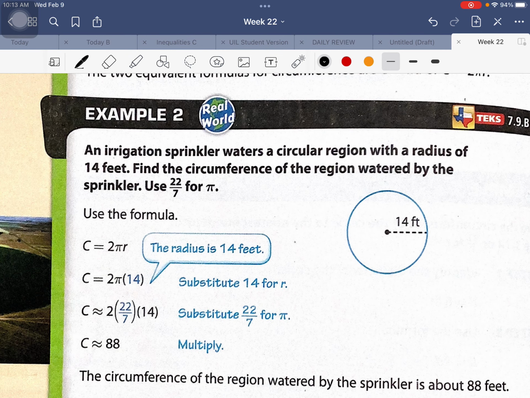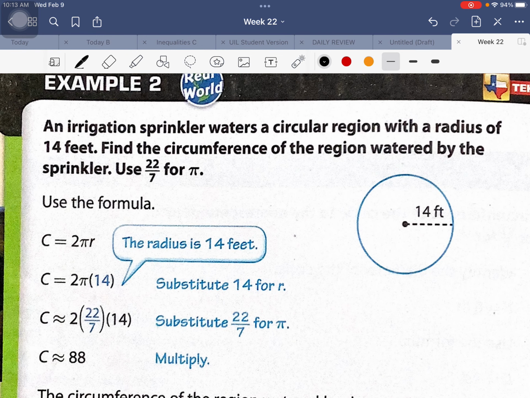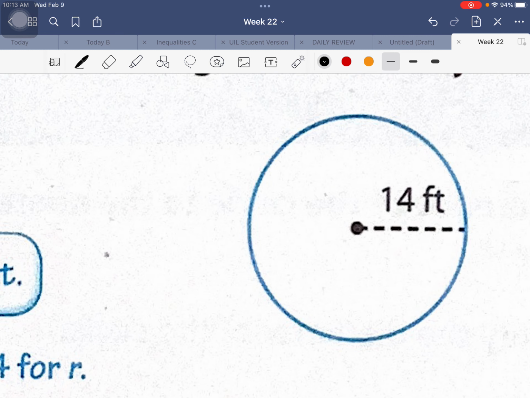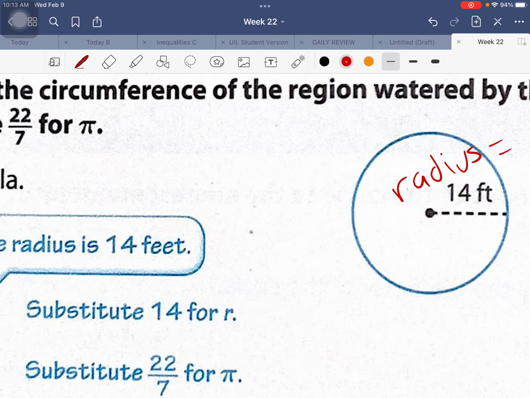Okay. Now example 2. An irrigation sprinkler waters a circular region with a radius of 14 feet. What's my radius, guys? 14 feet. Radius is 14 feet. Okay.